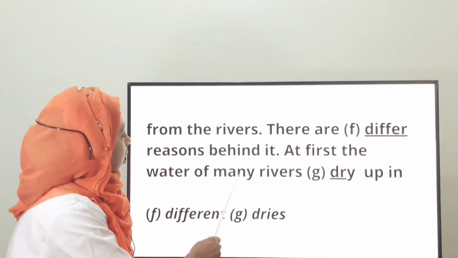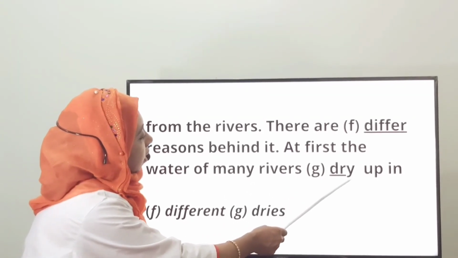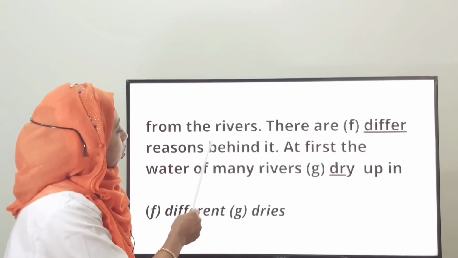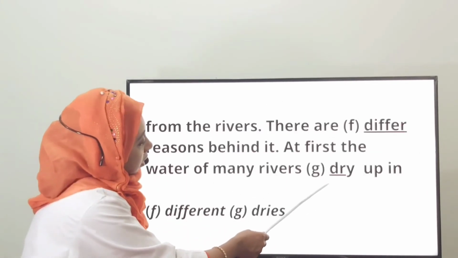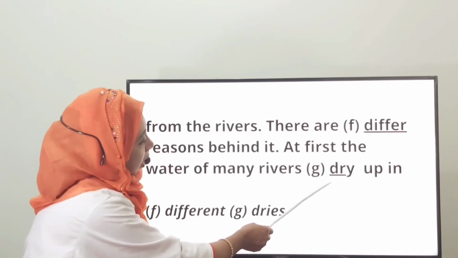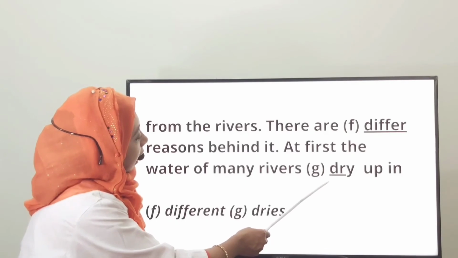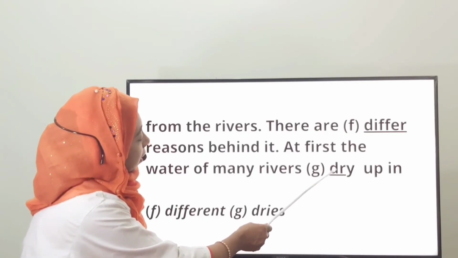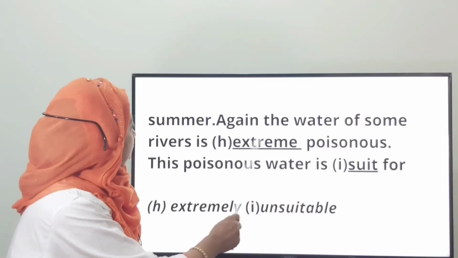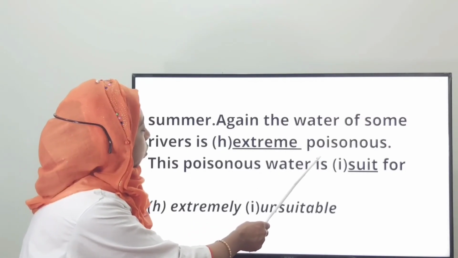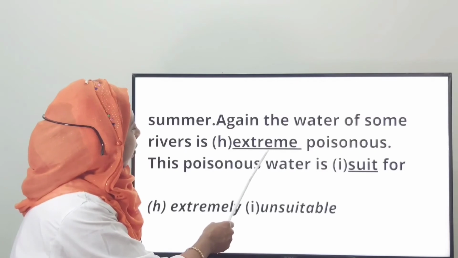At first the water of many rivers dry up in summer. So students, here we get dry in the place of a verb. So for that we add ES at the end of the word and it becomes dries. Again, the water of some rivers is extreme poisonous. Students, it is the place of an adverb.